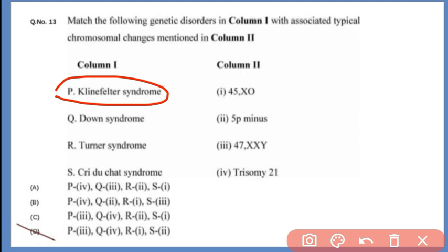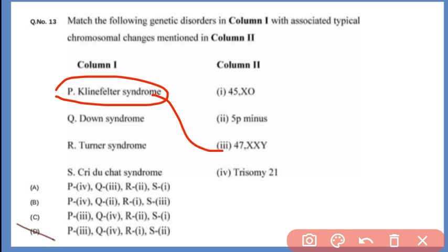Females have 2 X chromosomes, that is 46XX, and males have 1 X and 1 Y chromosome, that is 46XY. But in Klinefelter syndrome of boys and men, there is an extra copy of the X chromosome, that is 46XXY or 47XXY. Then the Down syndrome.